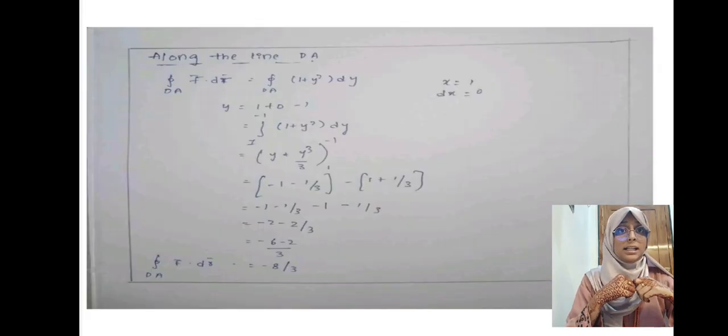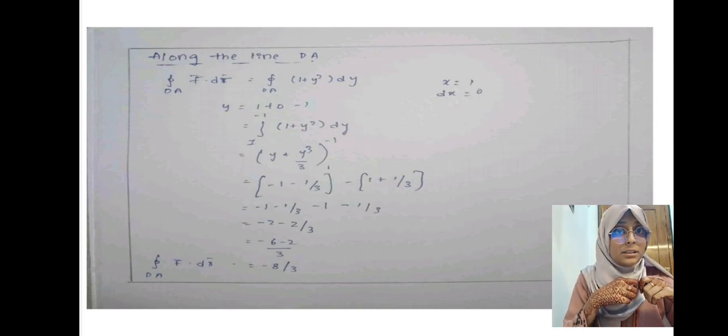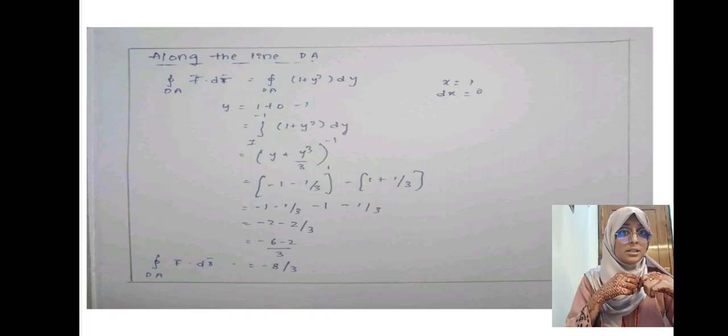Now along the line DA, integral DA of f bar into dr bar is equal to integral DA of (1 plus y square) into dy. Here x equals 1, dx is equal to 0 and the integral is from 1 to minus 1. So integral from 1 to minus 1 of (1 plus y square) into dy is y plus y cube by 3, from 1 to minus 1.